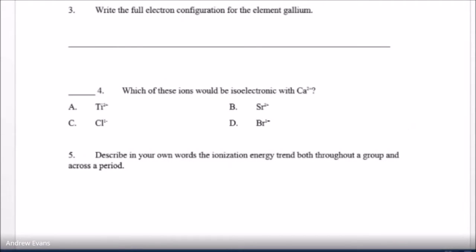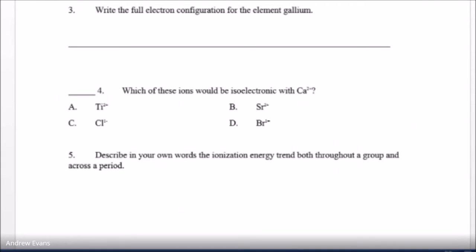Now, we need to describe in our own words the ionization energy trend both across a period and down a group. Ionization energy is the energy it takes to remove an electron from the highest energy orbital when the element is in the gas phase.